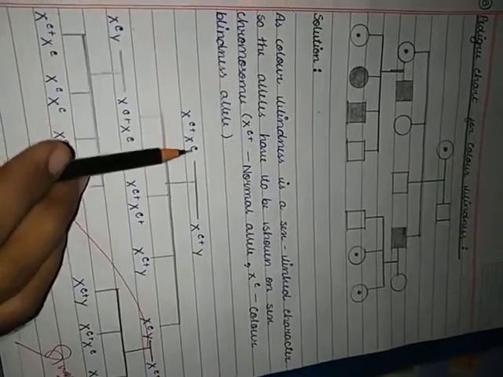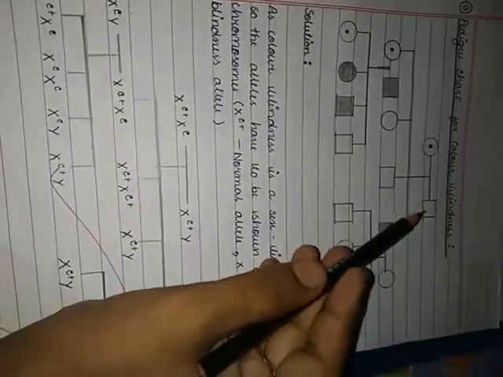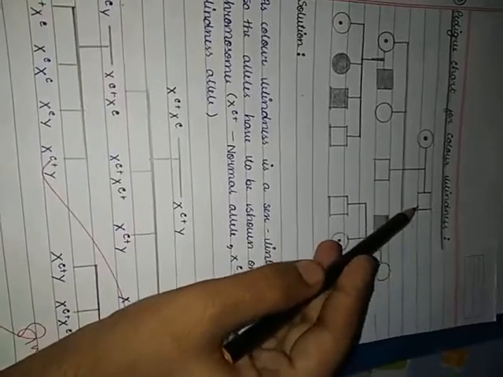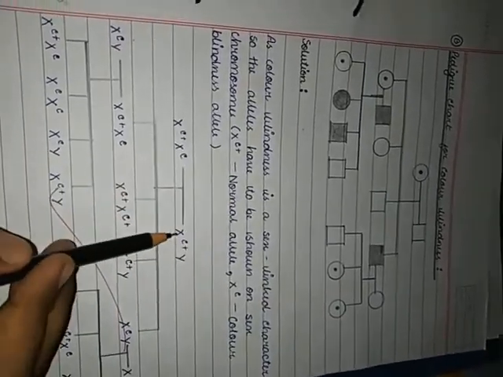So this sign indicates the carrier female, XX, where one chromosome has the normal allele and one has the color blindness allele. Clear? Similarly, the male is normal, so having sex chromosomes XY, with the normal allele, X^C+.